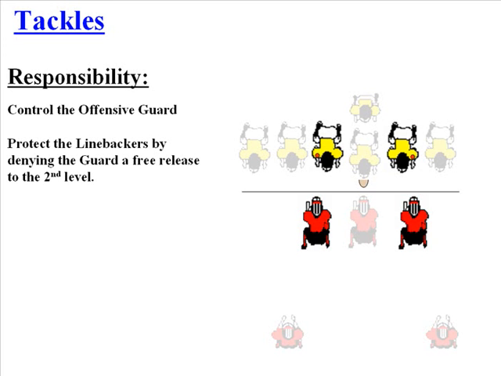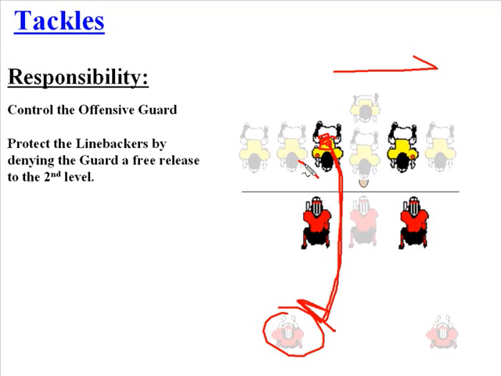And your job really is several-fold. First, you need to protect the linebackers by denying that guard a free release to the second level. You see, many offensive plays require that this guard come out here and block this linebacker. If the play's going this direction, this guard is supposed to fire out and get that guy there, and then you'll get blocked by the tackle here.